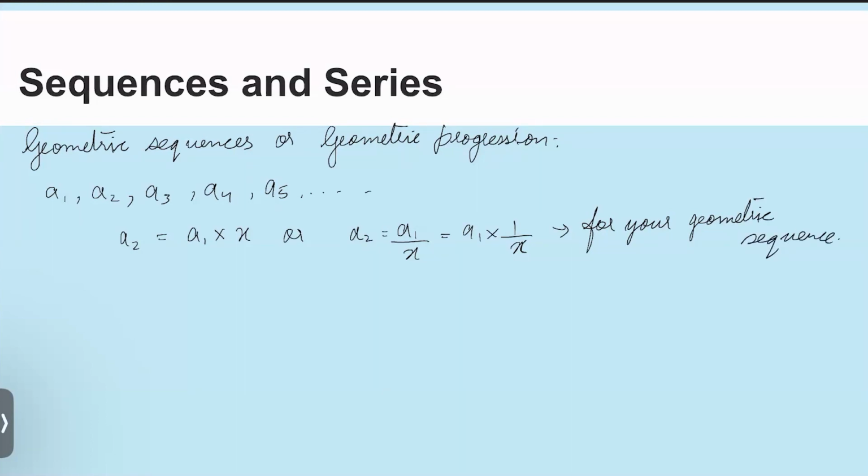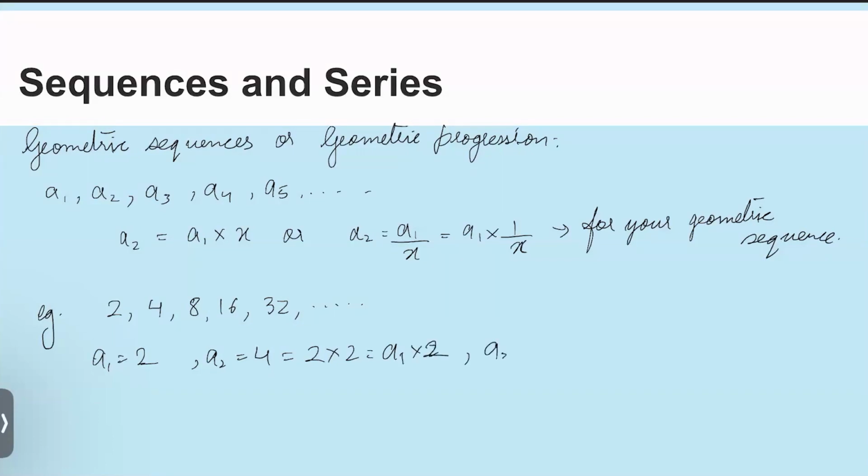One example could be 2, 4, 8, 16, 32. Here a1 is equal to 2. Now your a2, which is 4, is 2 into 2, so that is a1 into 2.